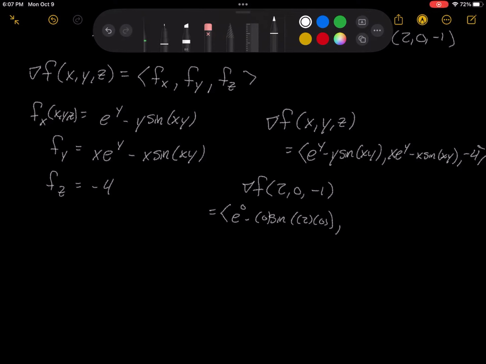And then the second component is the partial derivative in the y direction, which at this point is going to be 2 times e to the 0 minus 2 sine of 2 times 0. And then the partial derivative in the z direction is a constant minus 4. So at this point, it's going to be minus 4. When the algebra clears the room, this vector is going to be 1, 2, and minus 4.